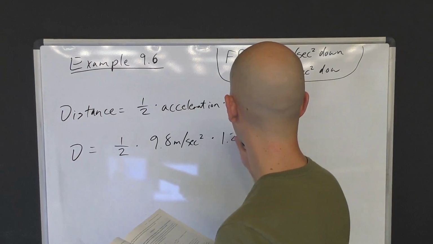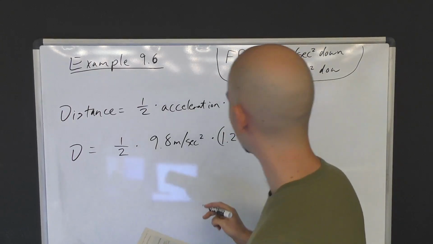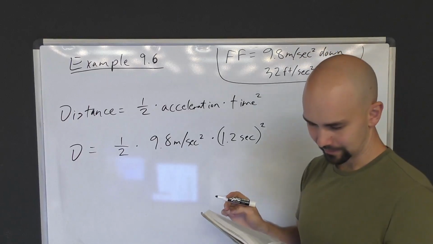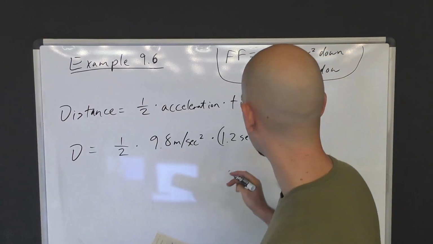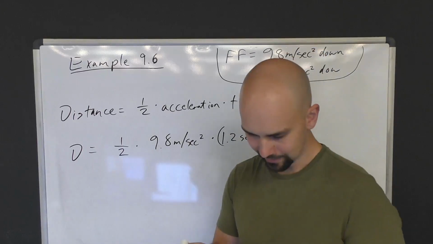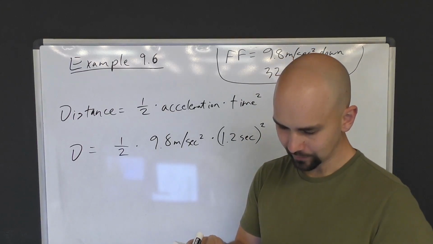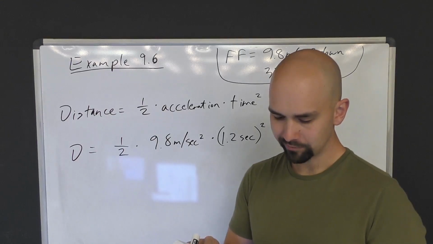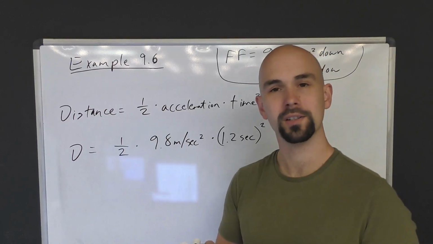And we're going to square this. Now that means we're going to take 1.2 and square it. So when you square 1.2, you get 1.44, and you're also going to square seconds.